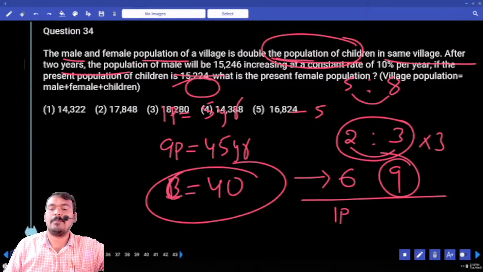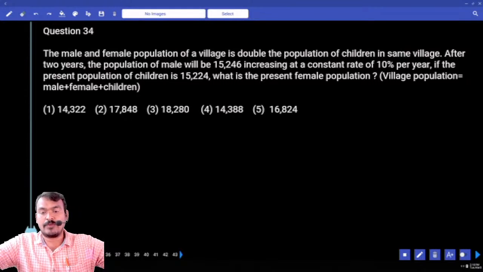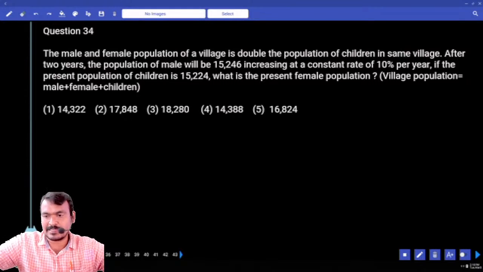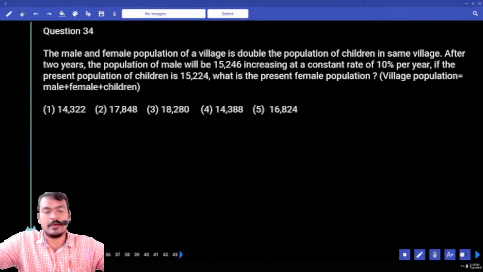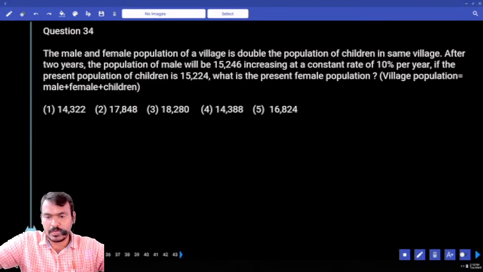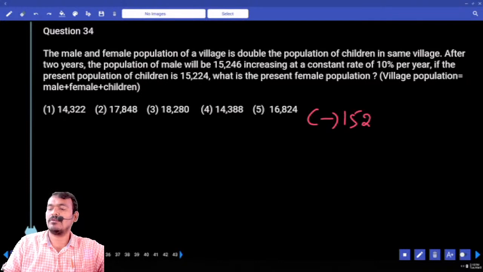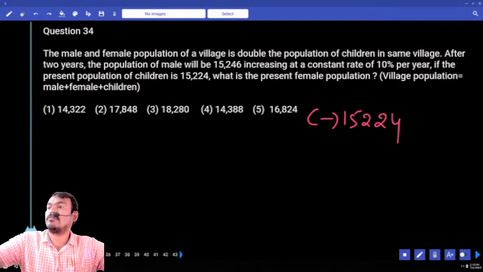Next, 34. The male and female population of a village is double the population of which one? Children in the same village. After 2 years, the population of male will be 15,246, increasing at a constant rate of 10% per year. If the present population of children is 15,224, what is the number asked?